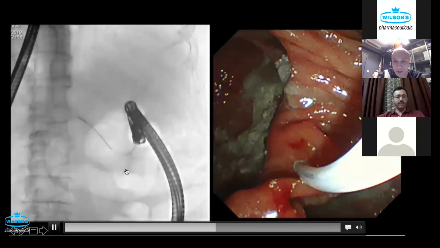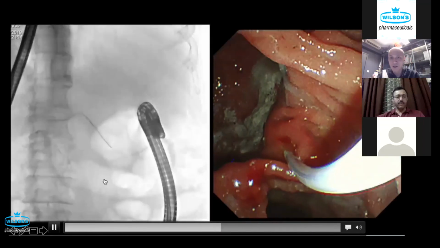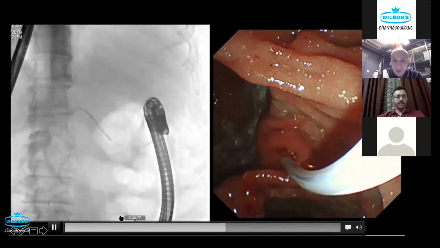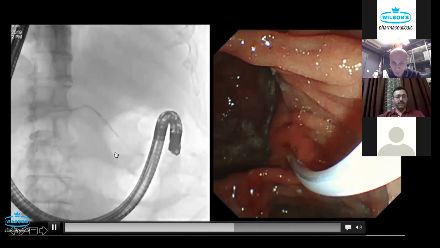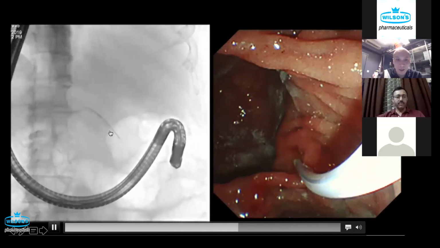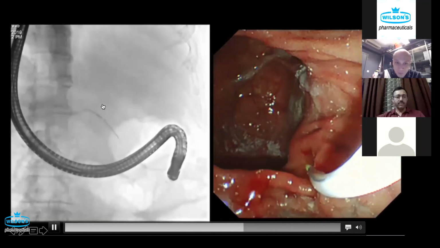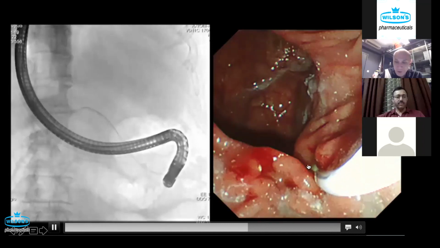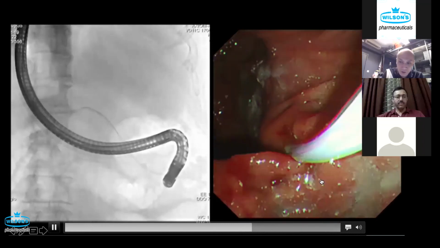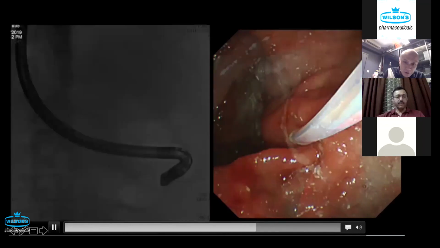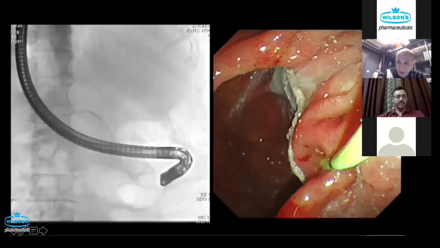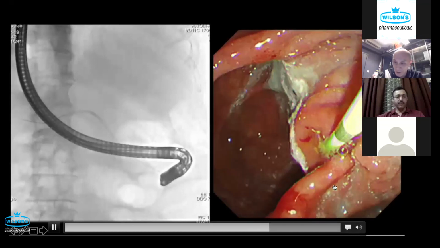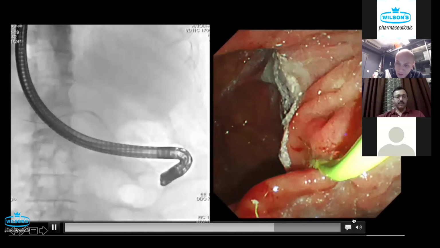So I was doing a double wire technique with a long scope position. I had to reduce the ERCP scope first, and with my catheter in the deep PD, I was able to reduce without losing my position. I carried on with the double guide wire technique, and then inserted a PD stent, because I already had some contrast in the PD.